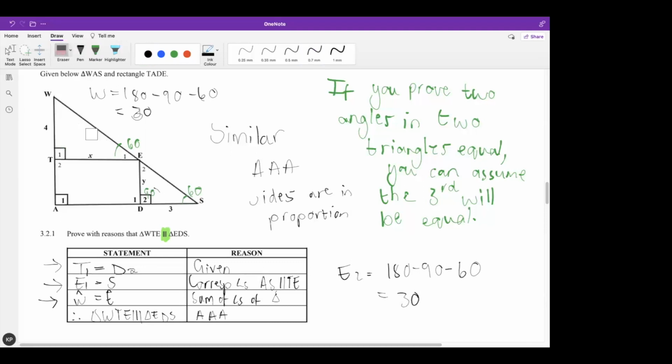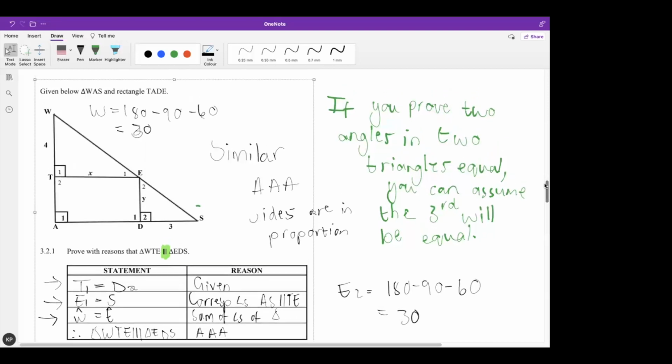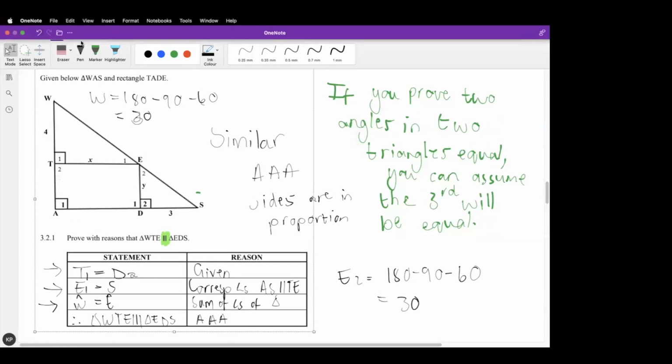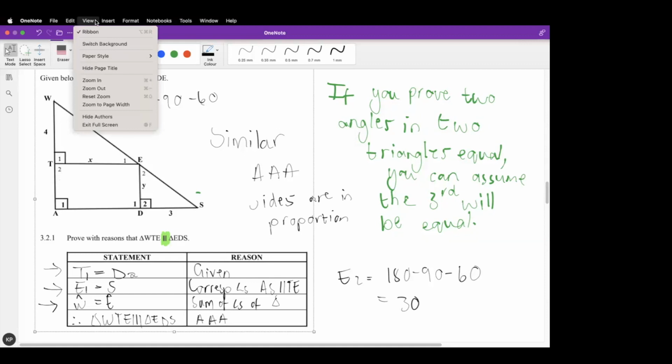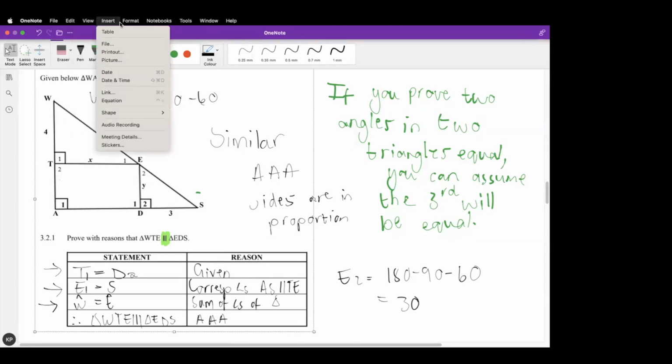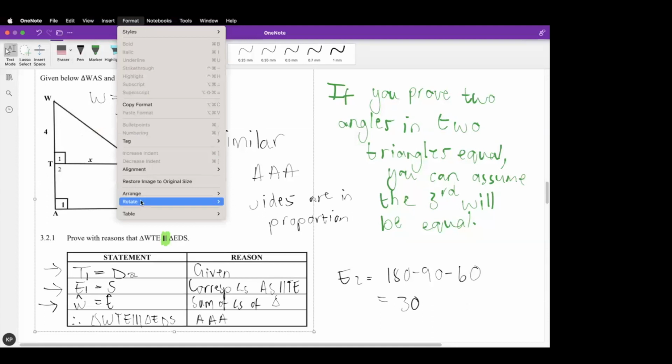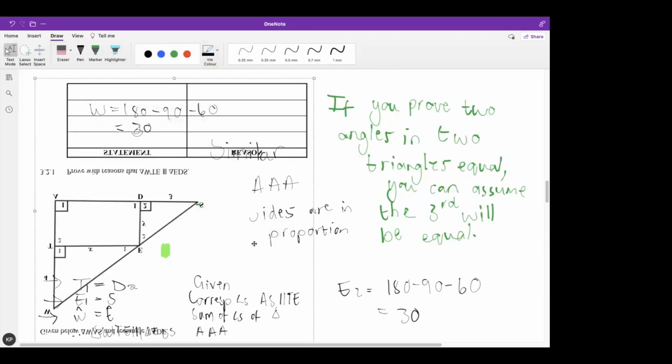Okay, someone just sent me a message saying they still don't see the F. Okay, I'm going to try and do something here. Let me see if it's even possible to do that. View, reset to zoom, format, rotate. Okay, I've rotated the shape. Nobody panic. I just want you guys to see the F. It is over there.